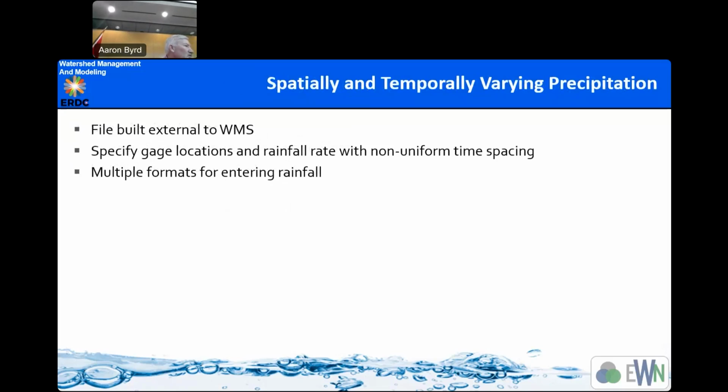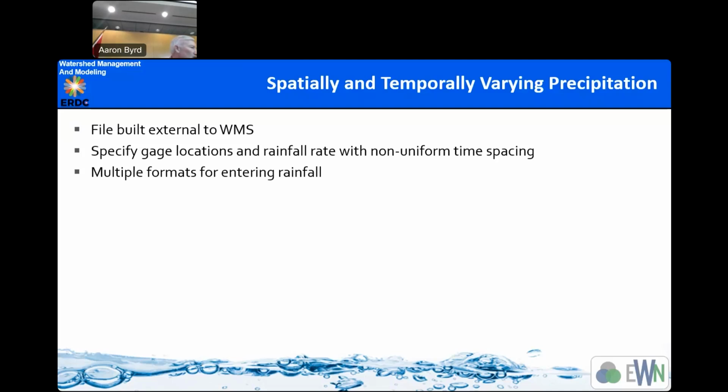So the spatially and temporally varying precipitation, you have to build these things external to the WMS. Specify gauge locations and rain rate with a non-uniform time spacing. And then there's a bunch of different formats for entering rainfall, because you can get your rainfall in all kinds of formats.